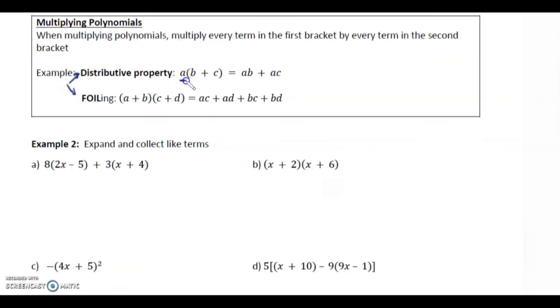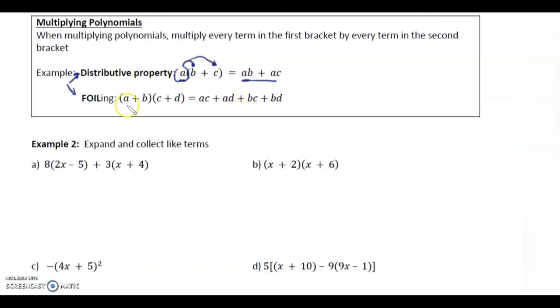There's going to be one where we have a monomial, so technically this is the distributive property, where we take that a, which would technically be the first bracket, multiply by b, and multiply by c. We just saw this with the negative 1. So we would get AB plus AC.